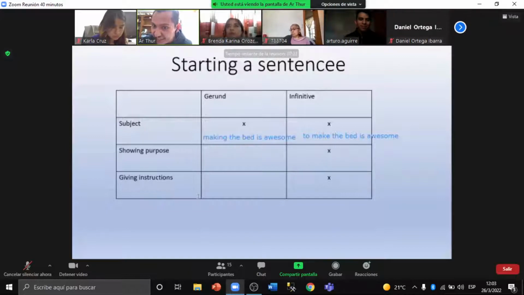It's a necessity, in this case using the infinitive showing a purpose. Or giving instructions. To prepare, to bake. It's when you want to prepare a specific food. It's the same with these ones.